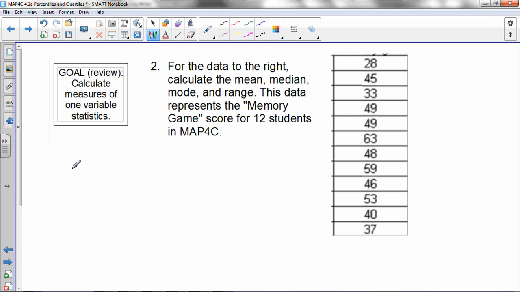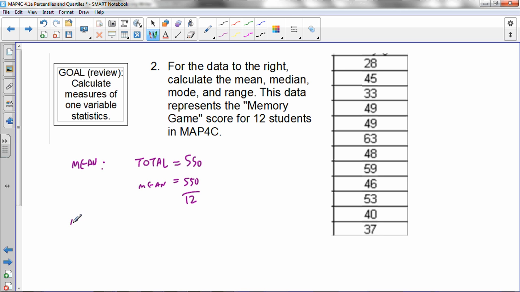The mean is the one where you add them up and then you divide by the total. You add them all up, you get 550. Then the mean is 550 divided by the number of pieces of data, which is 12.